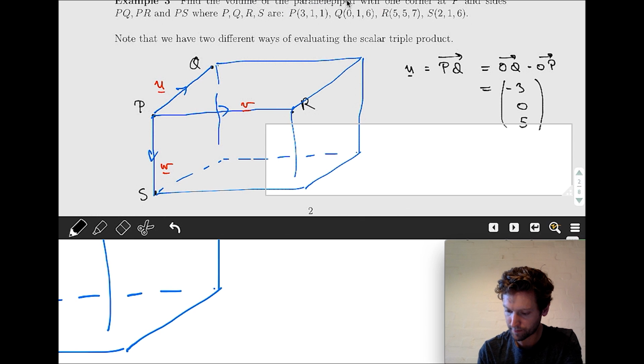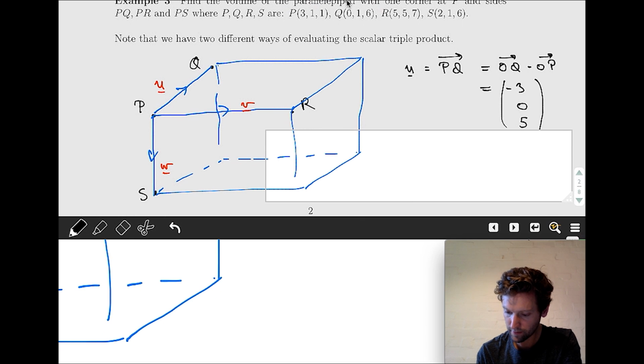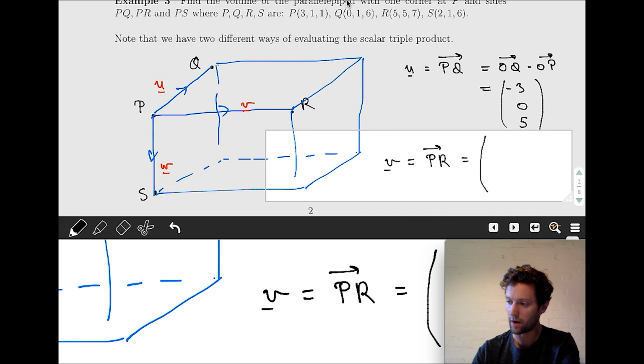Our vector v is given by the line segment from P to R. So again, it's going to be the components of R minus the components of P. That will be 2, 4, 6.